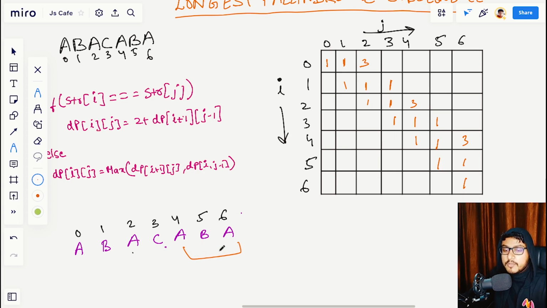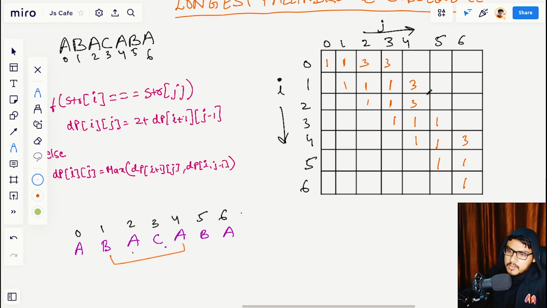Now it's time to jump to length 4. 1, 2, 3, 4. Okay. So a and c are not matching. So in this case, what would be the value? The value would be the maximum of this and this, which is 3 in this case. Next, we see that b and a are not matching, so the value would be the maximum of this value and this value, which is 3.